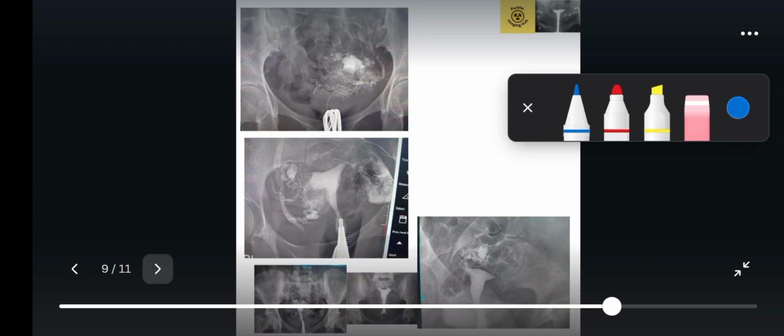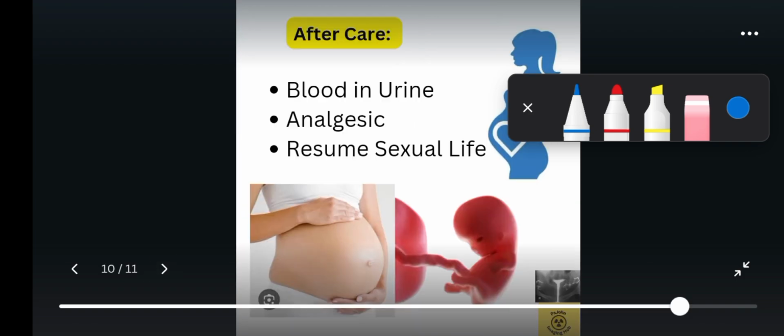After this injection and taking of films, the patient is asked to wait for 30 minutes to check for absorption of the dye that has been injected into the womb and also to assess some other condition of the womb. Then after that, the patient is discharged.